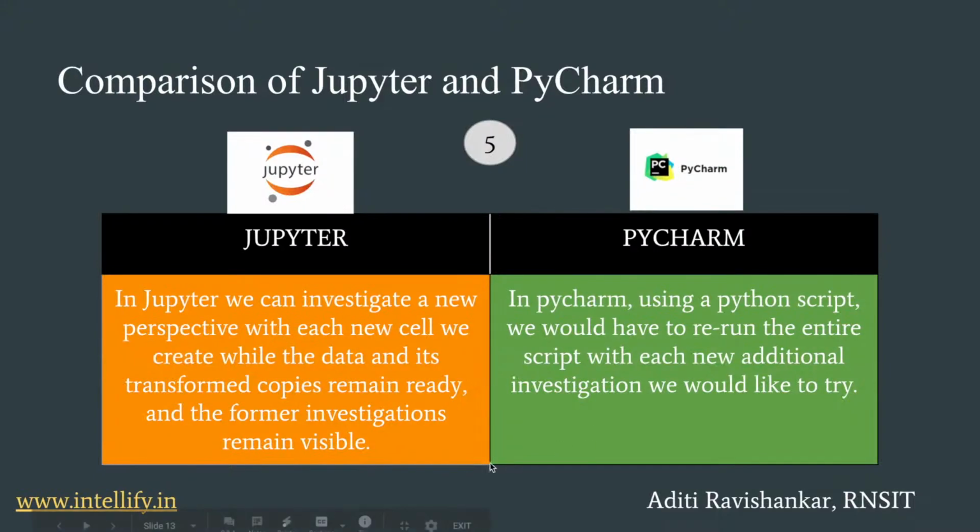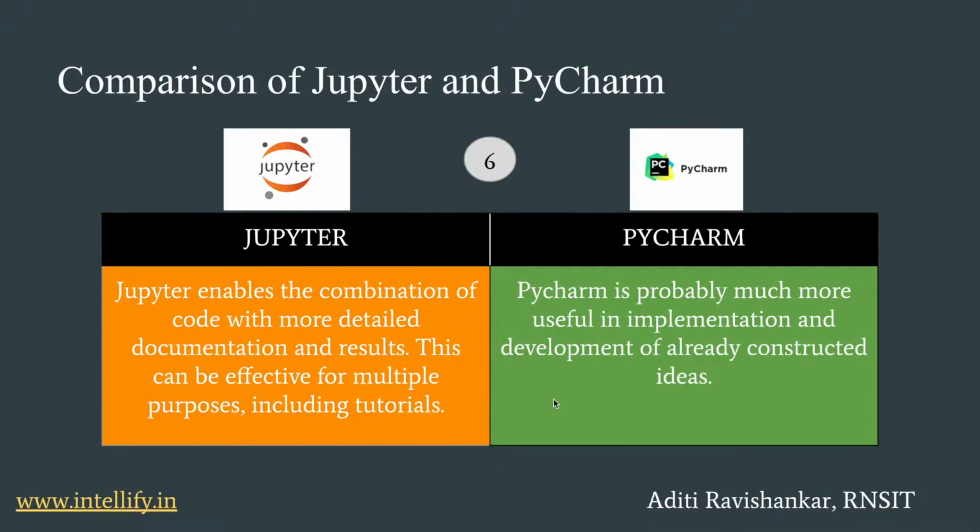5. In Jupyter, we can investigate a new perspective with each new cell we create, while the data and its transform copies remain ready and the former investigations remain visible. In PyCharm, using a Python script, we would have to rerun the entire script with each new additional investigation that we would like to try. 6.